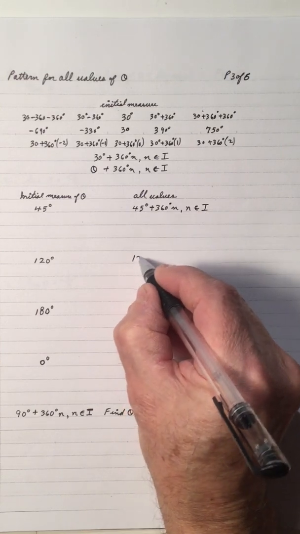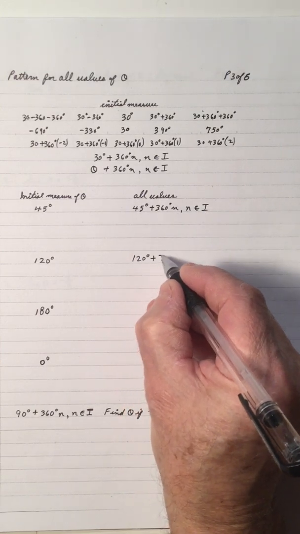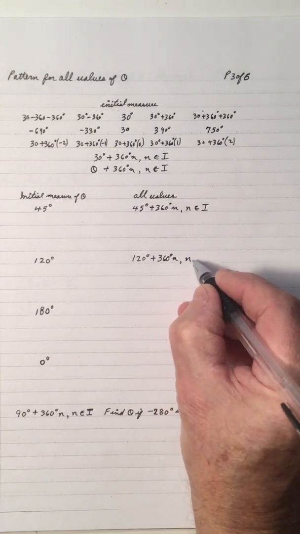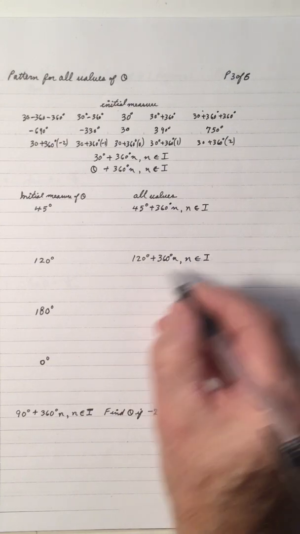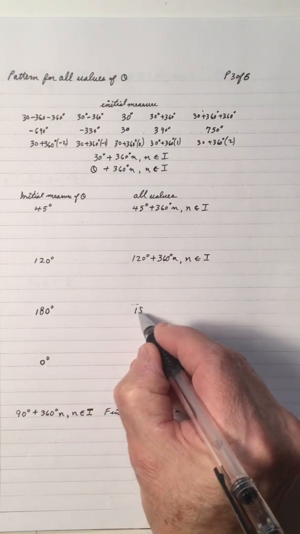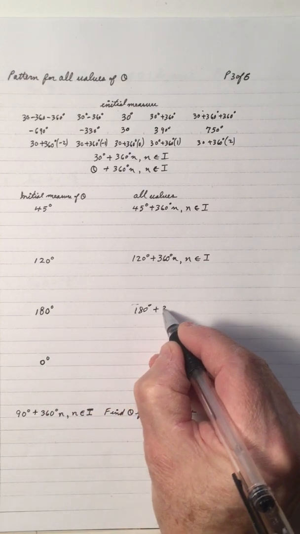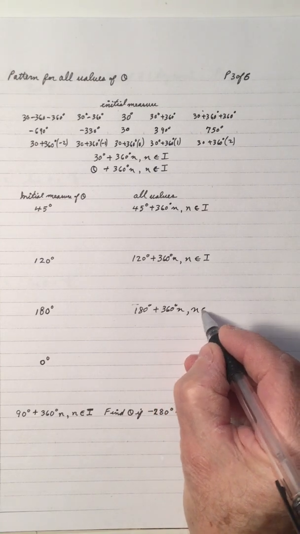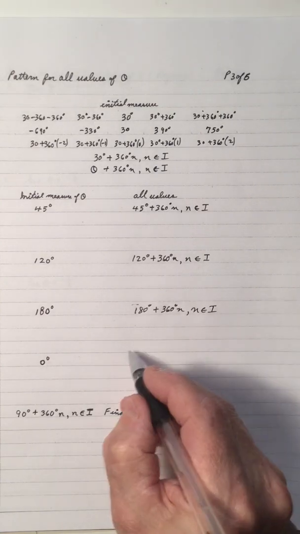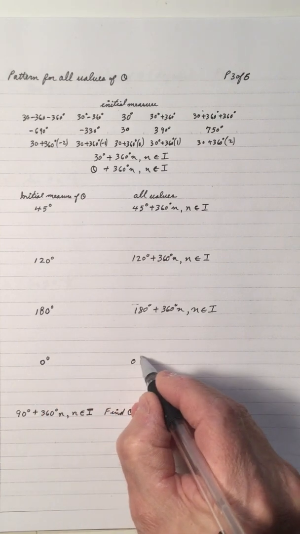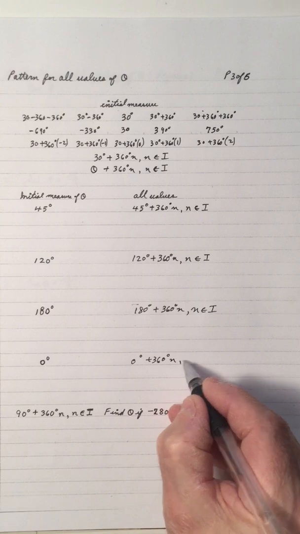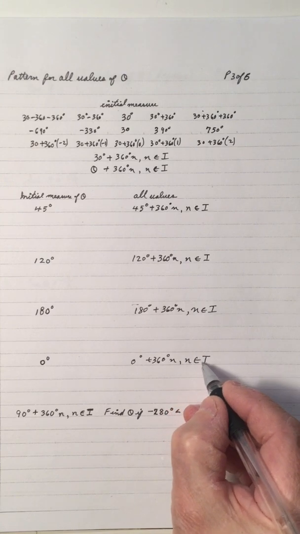If you got 120, you have 120 plus 360n, where n belongs to the integers. If you have 180, you take 180 and add on the cycle, which is 360 times n, where n belongs to the integers. And if you got 0, add on 360n, where n belongs to the integers.